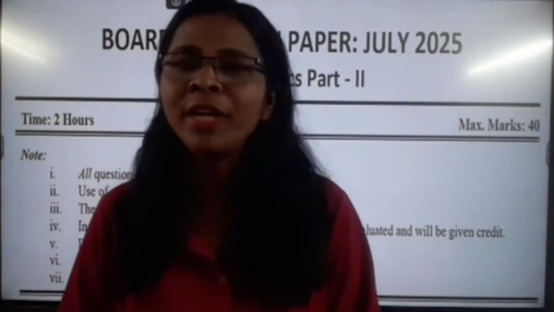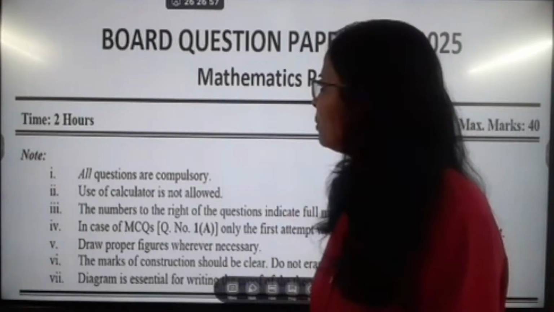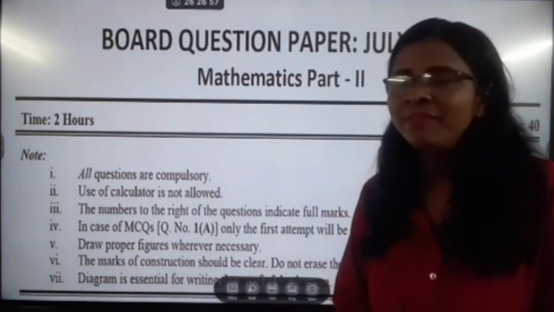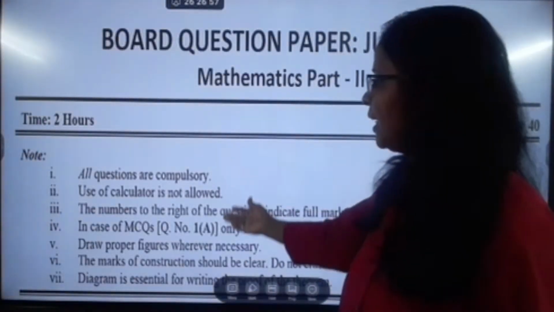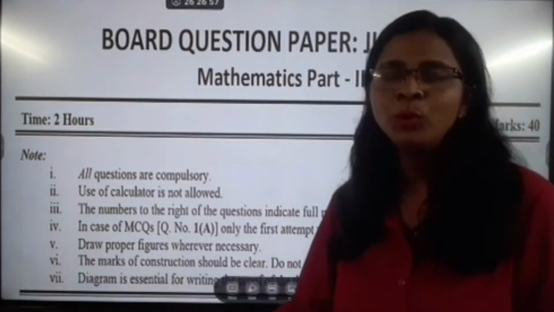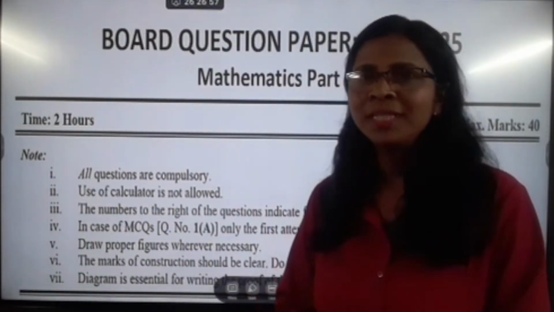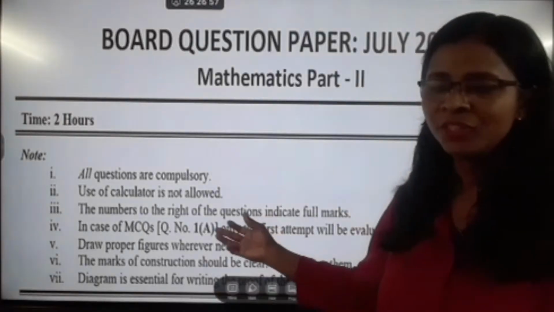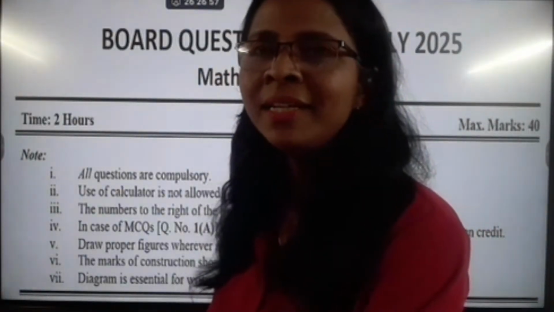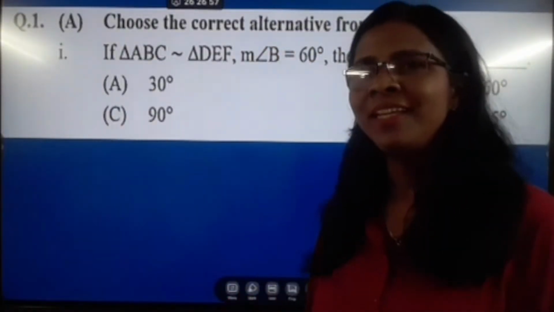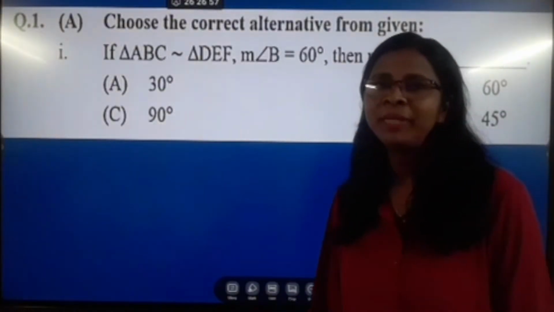For the geometry we have to see this board question paper. You know very well the instructions given by the board in the question paper, and you are familiar with them. So let us see the first question.